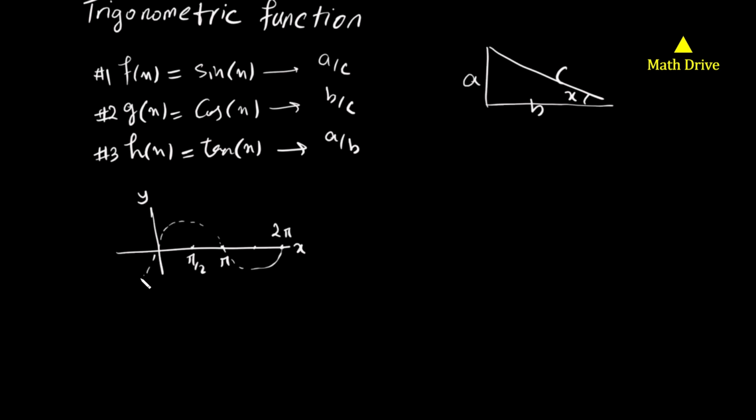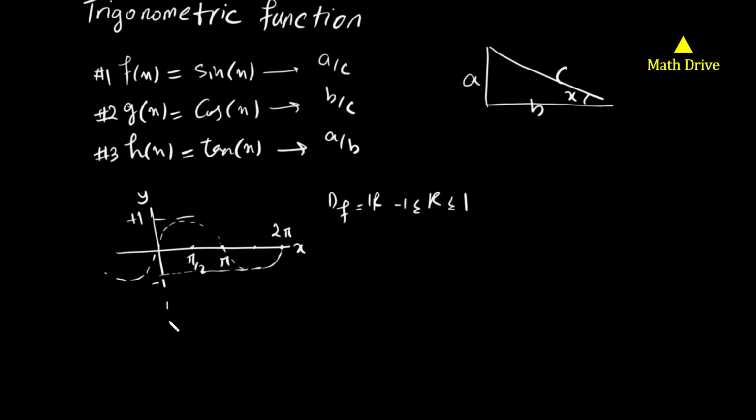It goes both ways, positive and negative. The domain D(f) is the set of real numbers, and the range is between +1 and -1. You can see in the triangle, the opposite cannot be bigger than the hypotenuse, so the range is between -1 and 1.